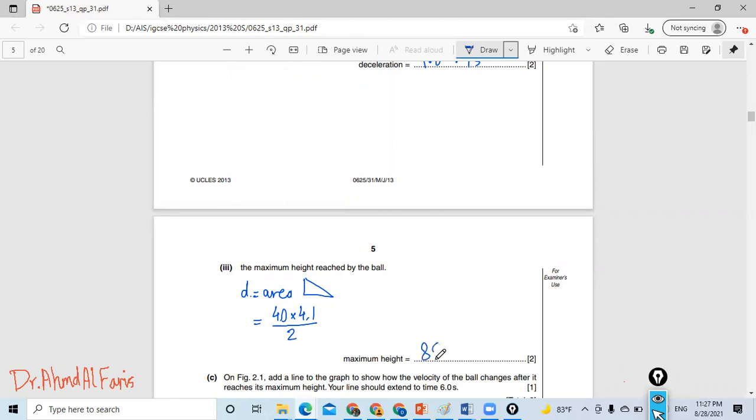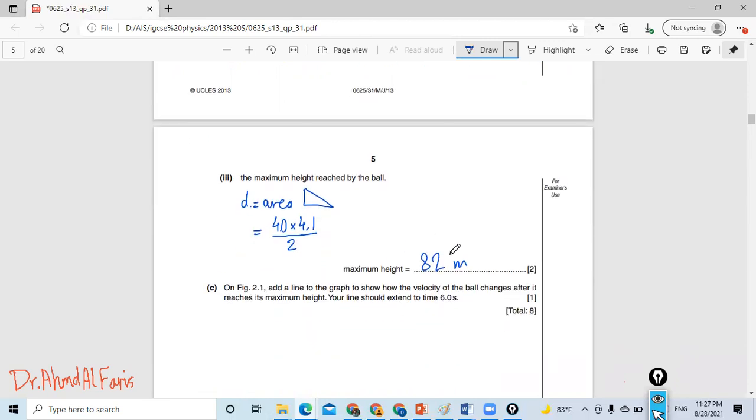The answer is 82 meters. The distance is supposed to be in meters. Some teachers ask why we put meters when they said area. Because I'm not talking about area, I'm talking about distance. The area of the graph is a multiplication of velocity by time, meters per second multiplied by seconds. So the seconds cancel each other out when we multiply them.